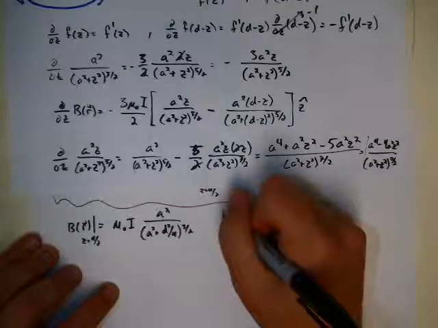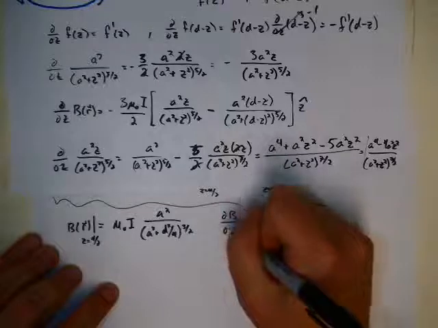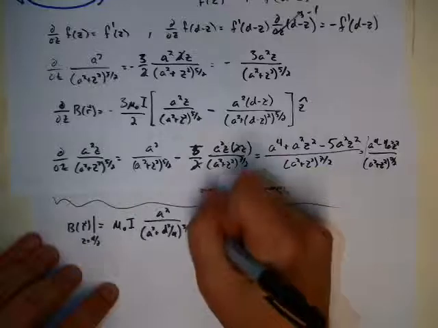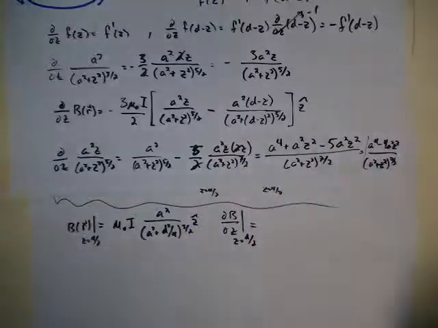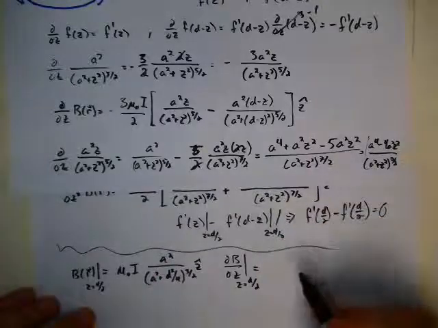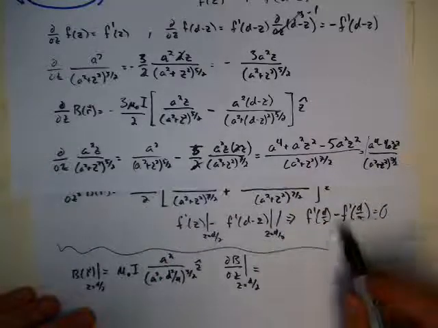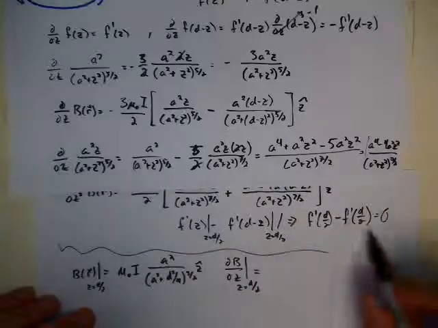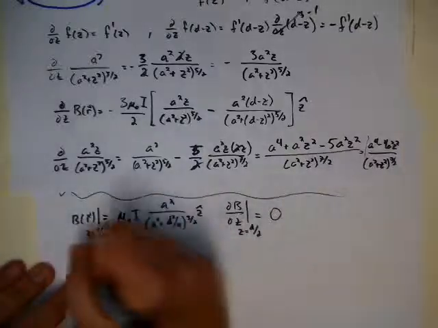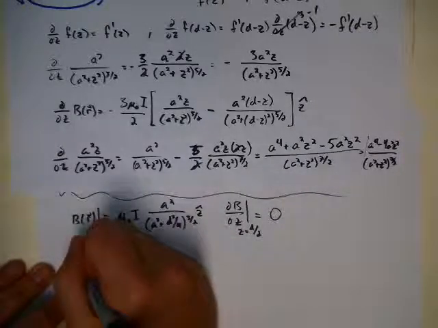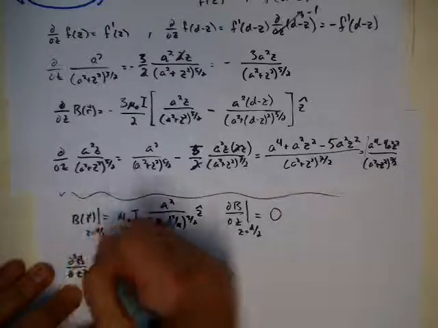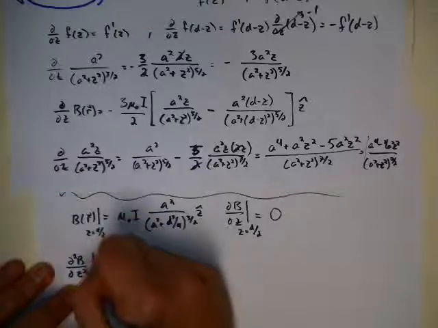The second evaluation, partial B over partial z at z equals d over 2, z hat. Well, this is of course going to be 0 for that same reason that we just argued that the third derivative is going to be 0, that when you evaluate it at d over 2, you're going to perfectly cancel out those 2 terms. So that's going to always give 0 halfway between them. Then the second derivative, partial squared B over partial z squared, evaluated at z equals d over 2.